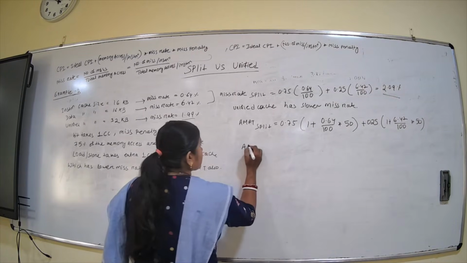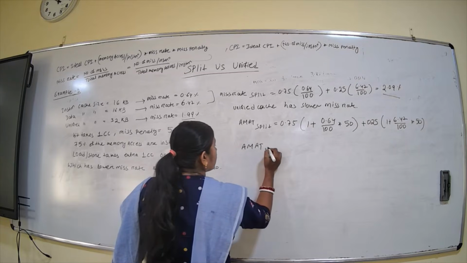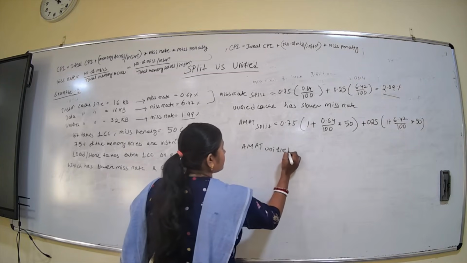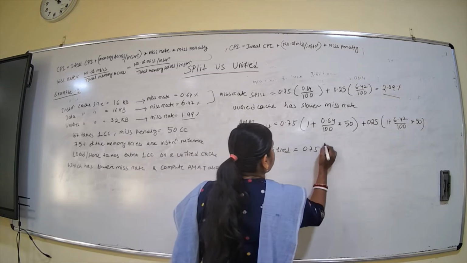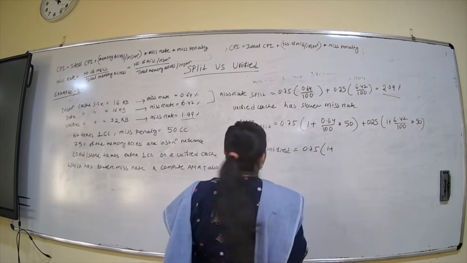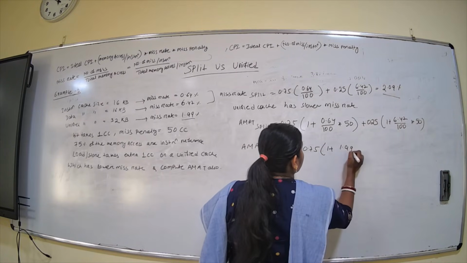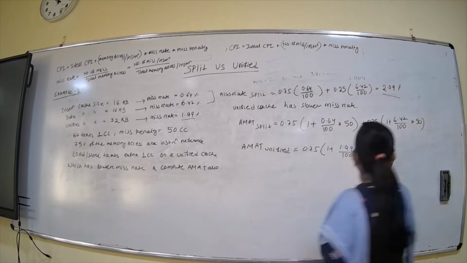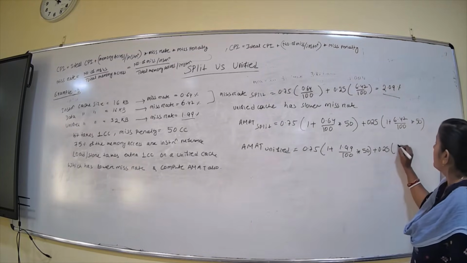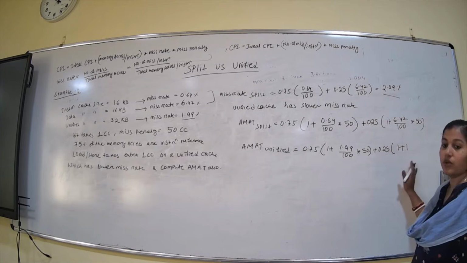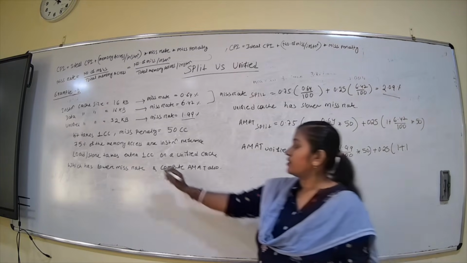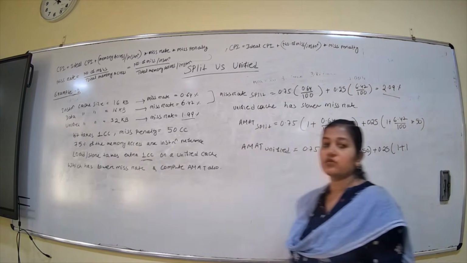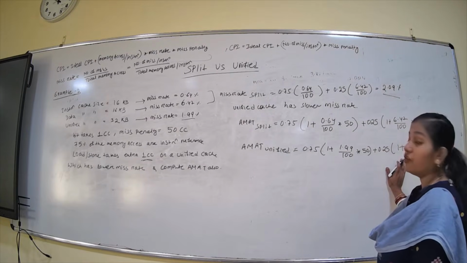Now the average memory access time for the unified you will get: 0.75 times (1 plus 1.99 by 100 times 50) plus 0.25 times (1 plus 1 plus 1.99 by 100 times 50). Here it is given that for the load and store it takes 1 extra clock cycle in the unified case.